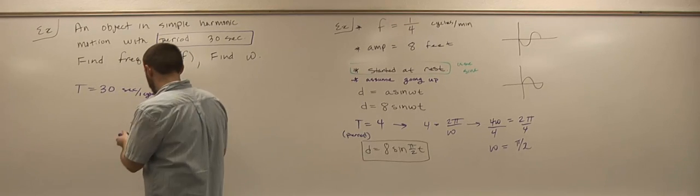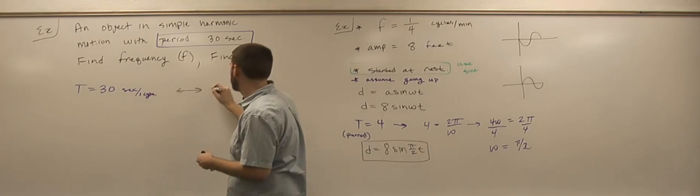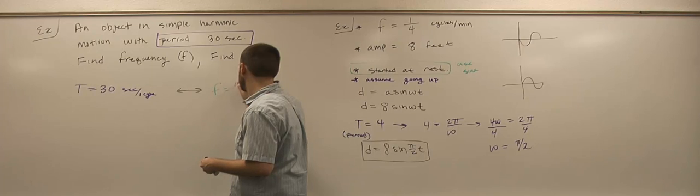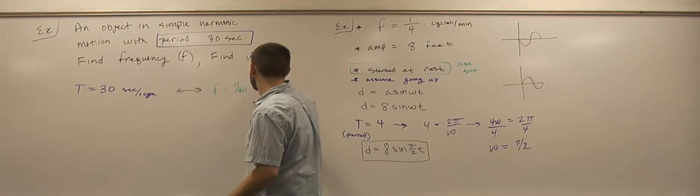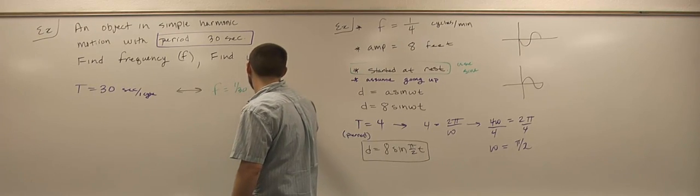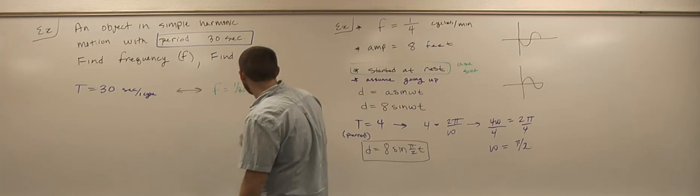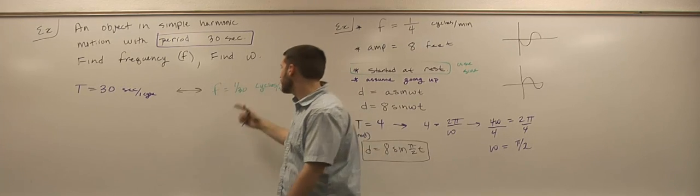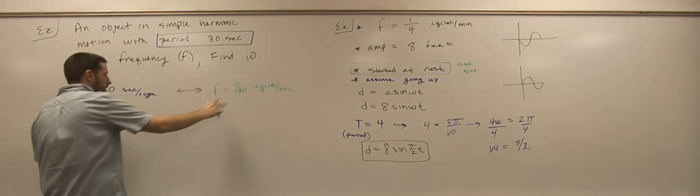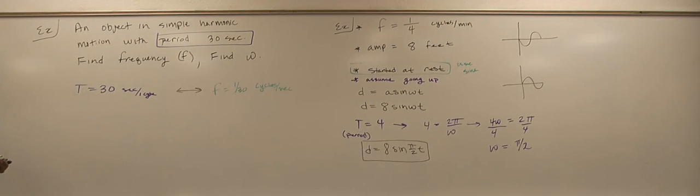The reciprocal, right? So the frequency would be 1 over 30. This is cycles per second. Meaning I do one cycle in 30 seconds, or I do 1/30th of a cycle in 1 second. So the frequency and the period are always related in this way. They're both reciprocals of one another.